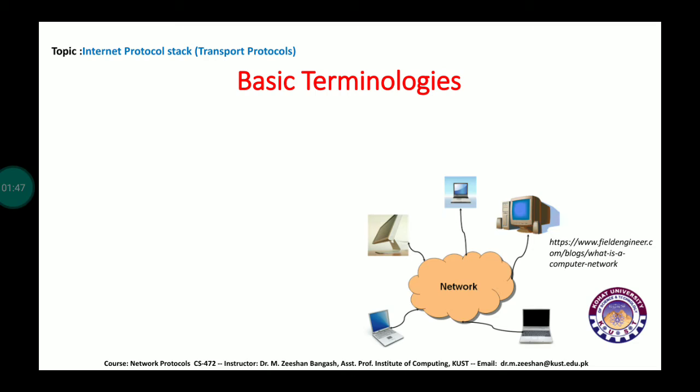If you look at this diagram, this is basically a network connecting different communicating nodes that are part of different local area networks, and they are connected to each other using the Internet.